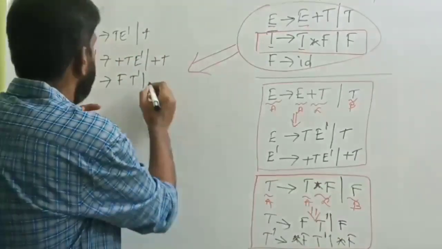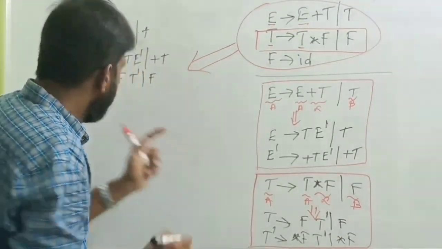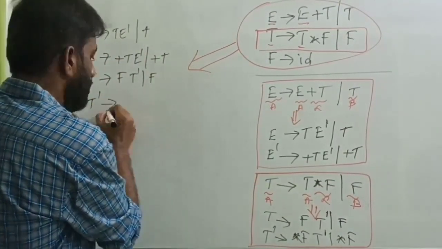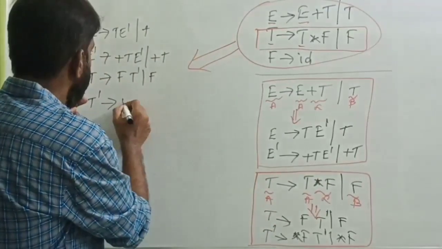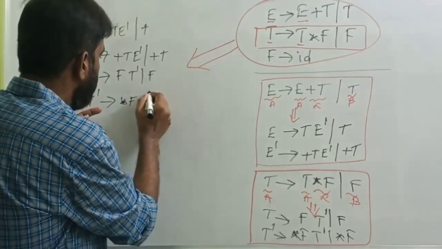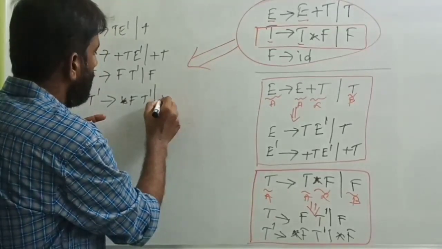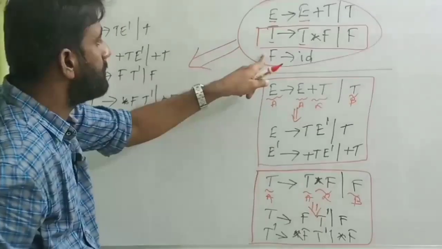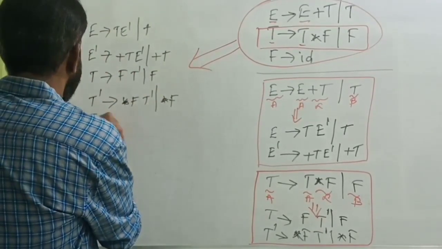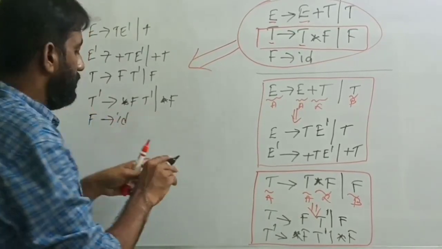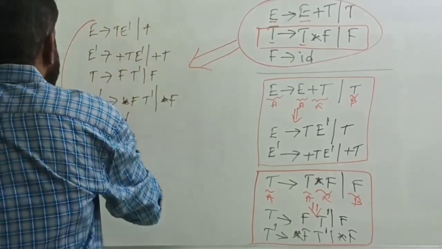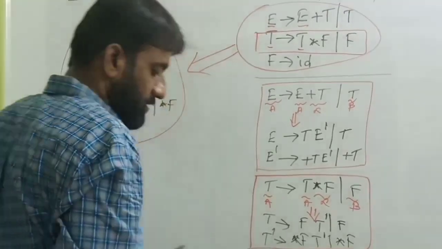T dash tends to star F T dash slash epsilon. Then at last F tends to id. So it is the equivalent grammar without left recursion.